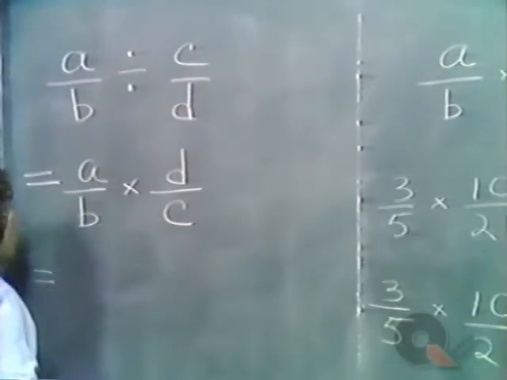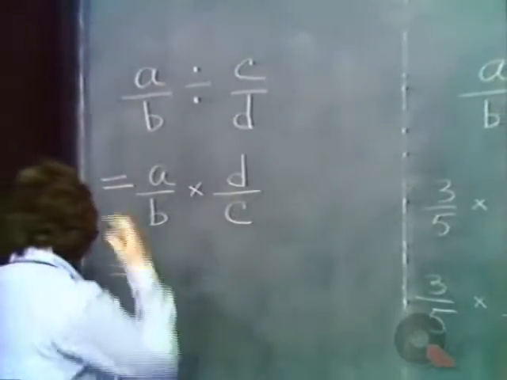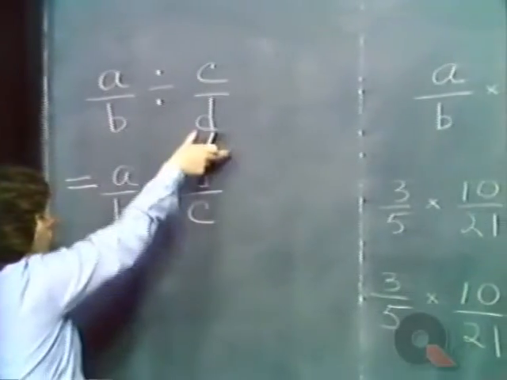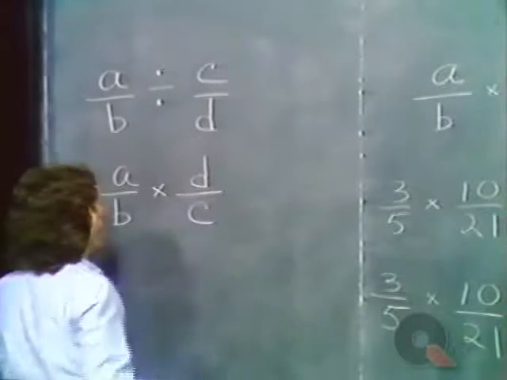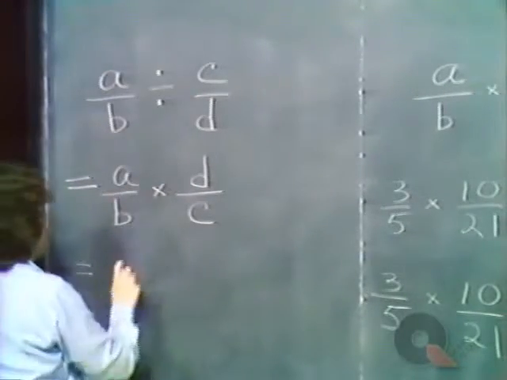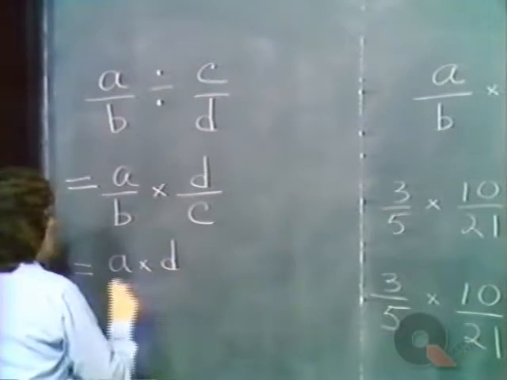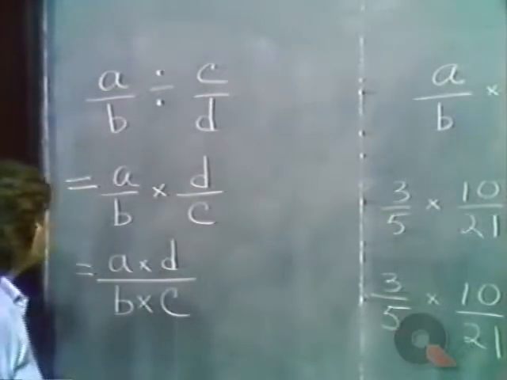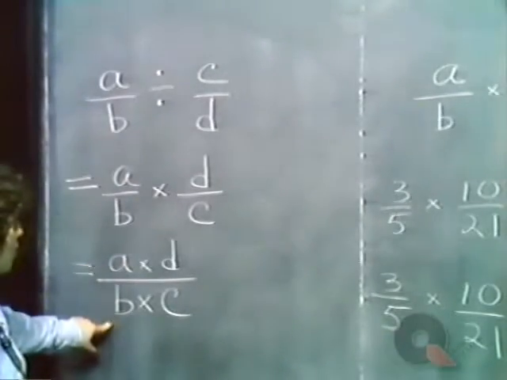So a over b divided by c over d is rewritten as a over b times d over c. In other words, you invert the divisor and multiply, giving us a times d over b times c. So it reduces to a multiplication problem.